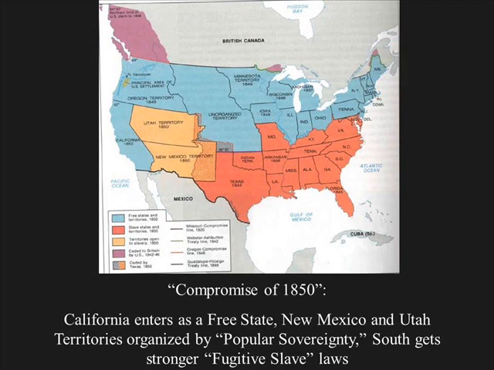Right? It doesn't extend west anymore. Those 2 territories will have a vote whether or not they want to have slavery in their territory. So depending on how the vote turns out, the non-slave territories could extend all the way down to the Mexican border, or the pro-slave territories can now extend all the way up to Oregon.